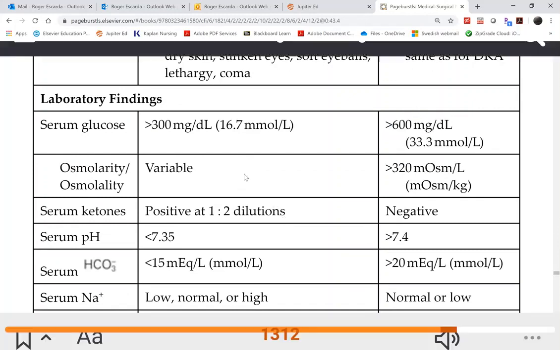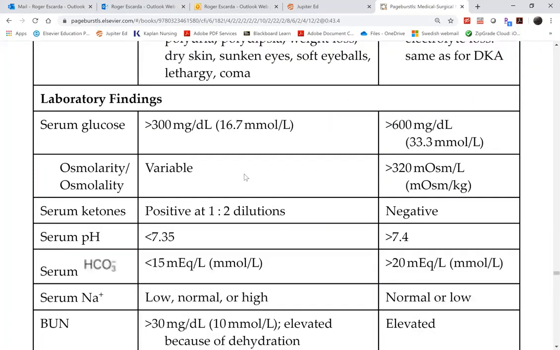Osmolarity, this is referring to the concentration of your blood. So imagine a Slurpee versus a glass of plain water. If you put a glass of Slurpee on one side and a glass of water on the other side, which one is thicker? The Slurpee cup.